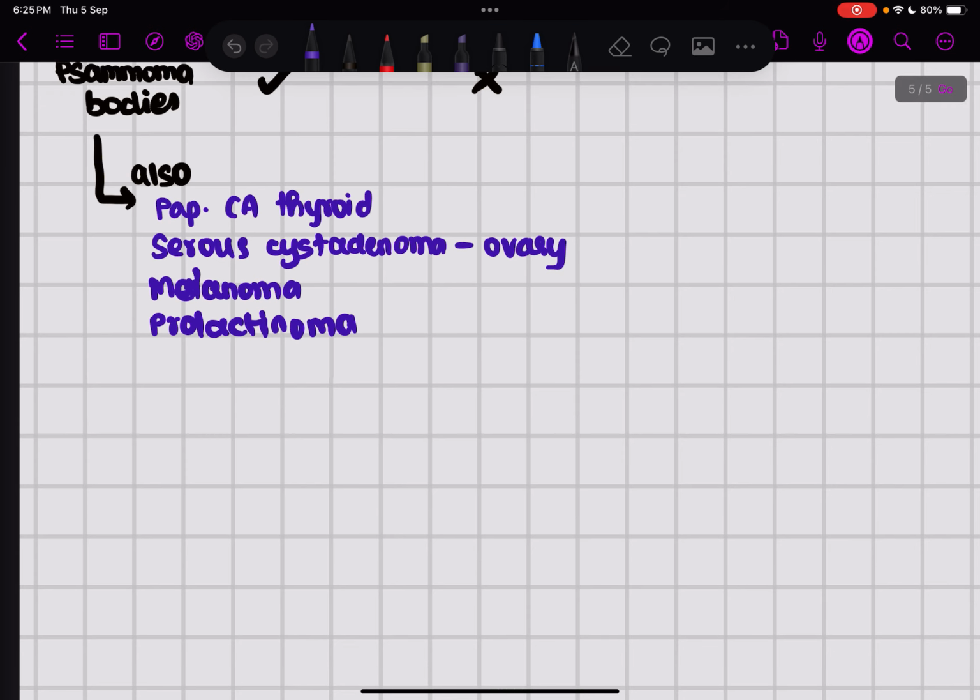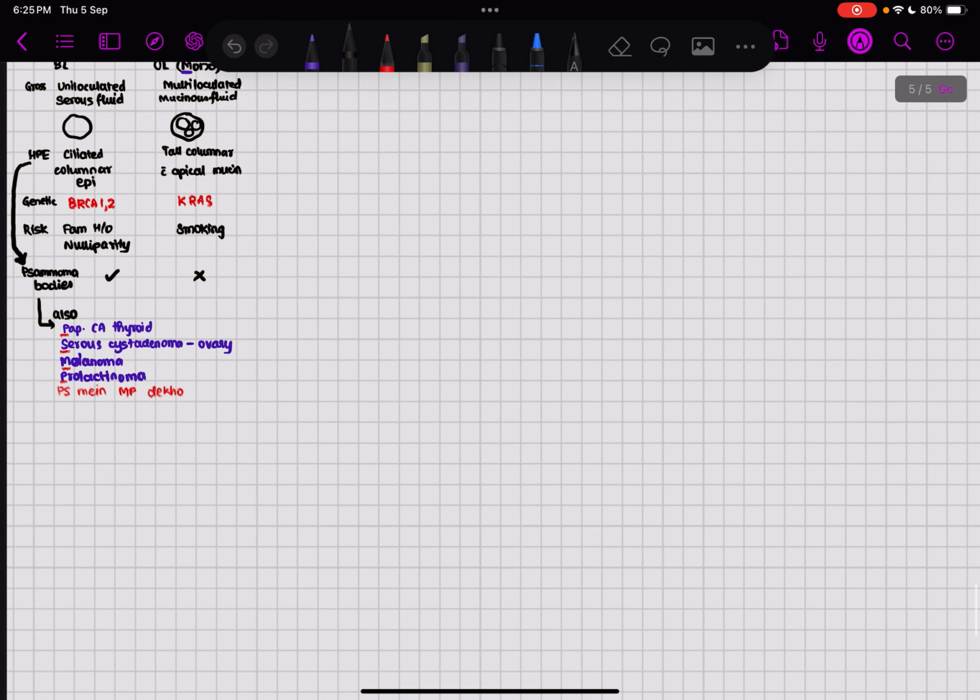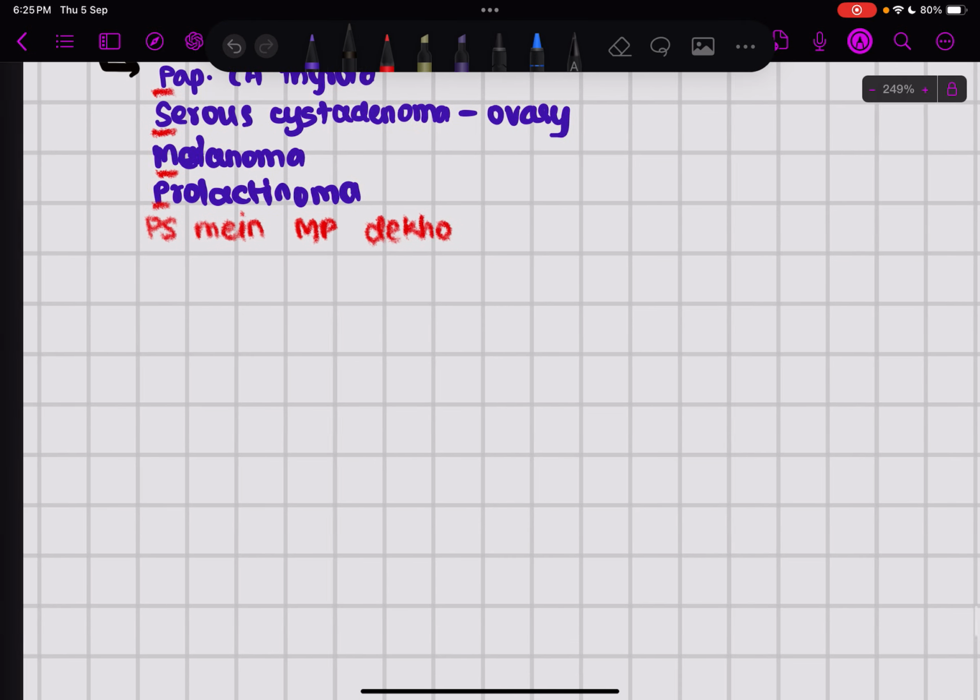It has got a mnemonic, in Hindi, which I actually don't know, but it has been given like that. With that, the serous and mucinous tumors are over.